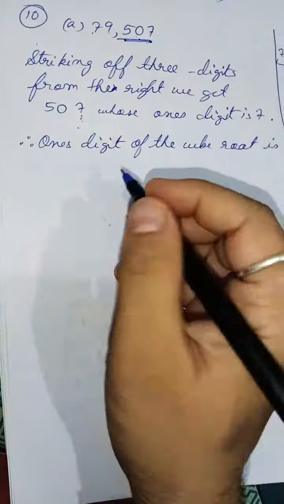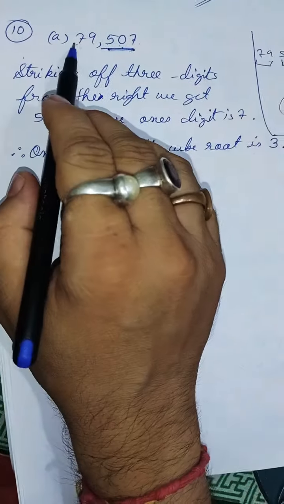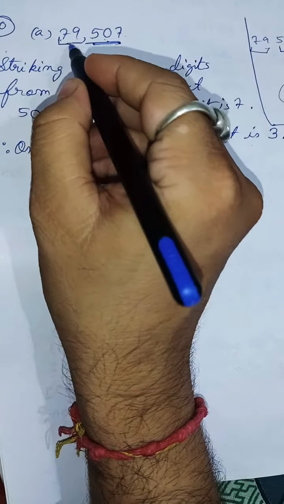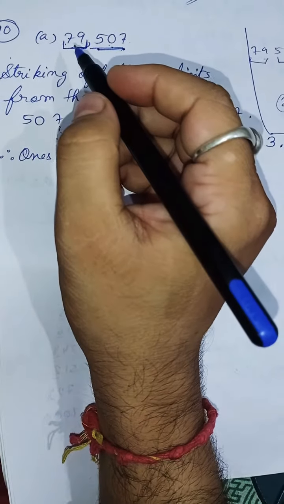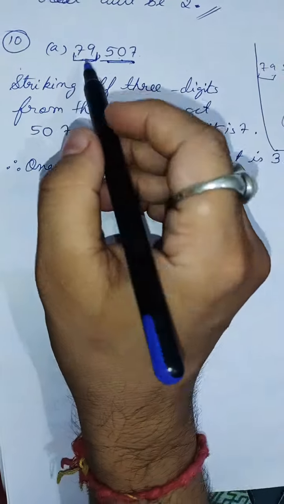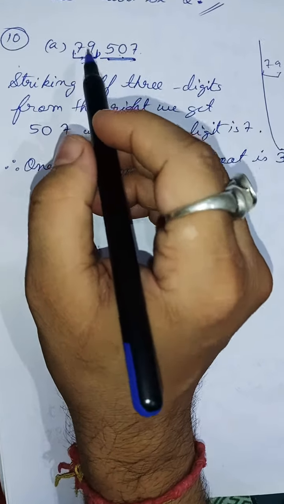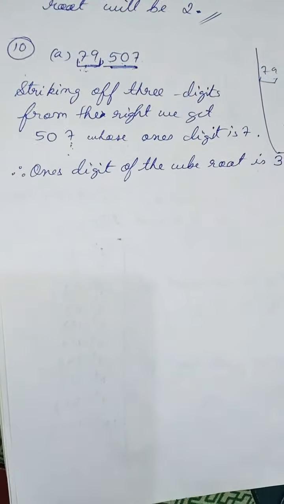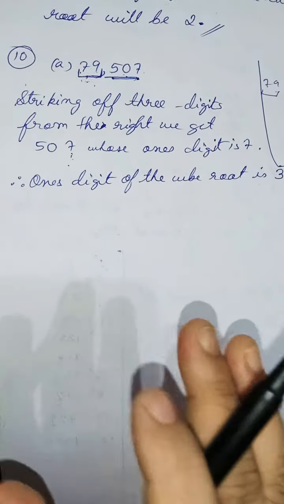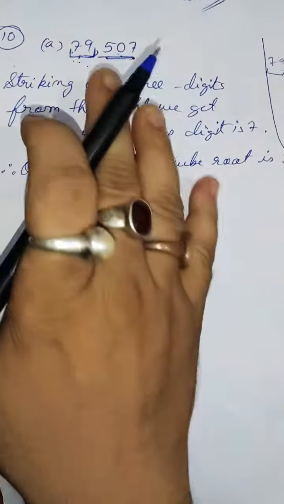So how do I find the tens digit? After doing this, what is the number left? 79. For this 79, you find the cube of a number which will be equal to 79, or a number between whose cubes this number will lie. That means you have to find the cube of a number which is either equal to 79 or less than 79. First of all, try to find out whether it is equal to any cube or not.